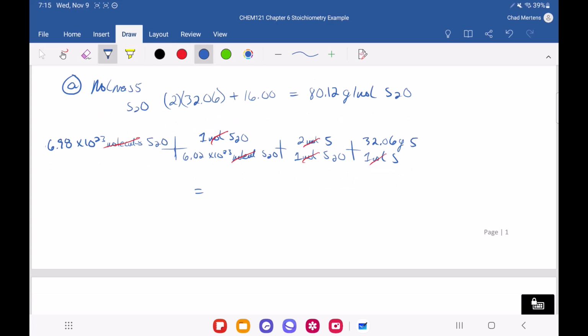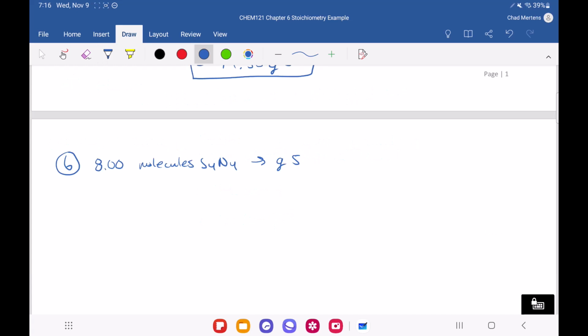If we plug it into a calculator, we will find that our answer is 74.34511, and we can round it to 2 decimals with our significant figures like we used in our molar mass. So our answer will be 74.35 grams of sulfur.